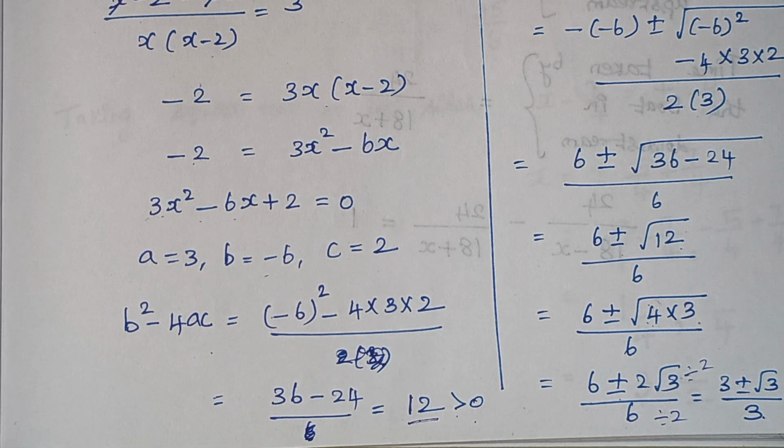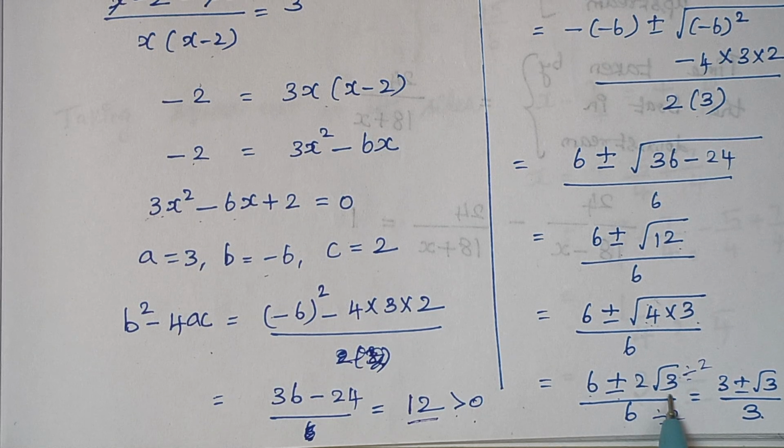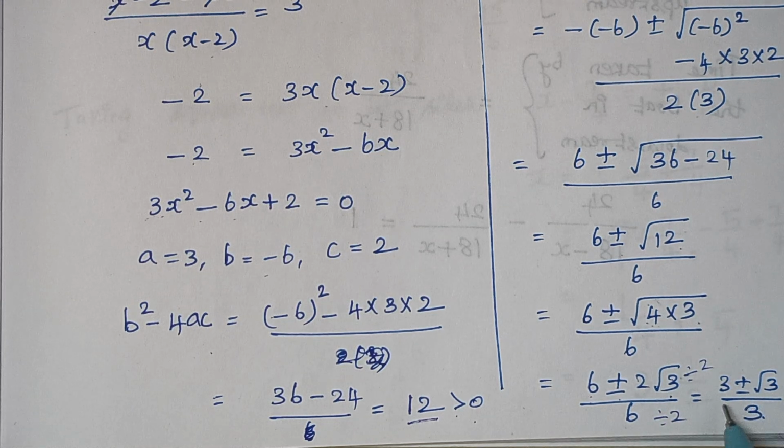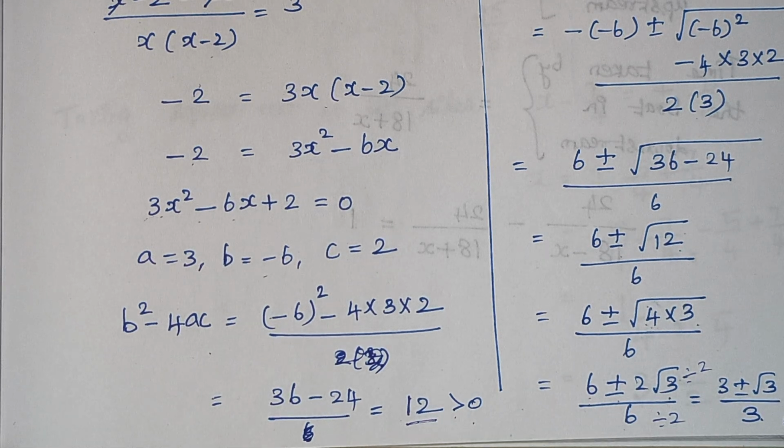So 6 by 2 is 3 and 2 root 3 by 2 gives you root 3. Right. So the final answer is 3 plus or minus root 3 by 3. So the two roots are 3 plus root 3 by 3 and 3 minus root 3 by 3. Right. So that's all.